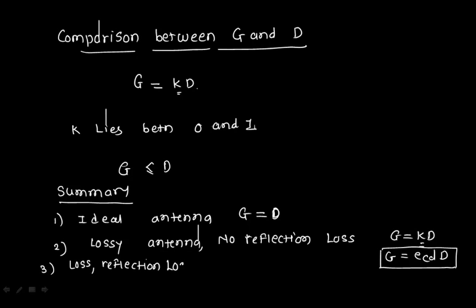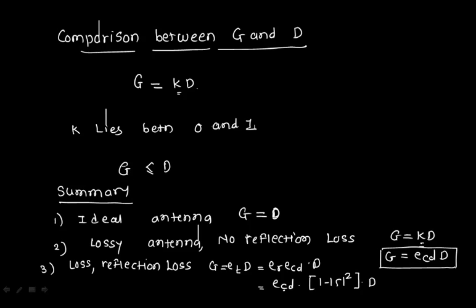In this case, I'll have G is equal to e_t D, which is nothing but e_cd into D. Or again, I can write e_cd into 1 minus rho square into D.